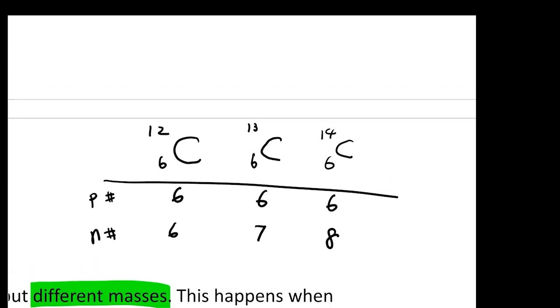But when you want to report the molecular weight on the periodic table, you need to consider all of them. In nature, you have roughly 80% carbon-12, around 15% carbon-13, and 5% carbon-14.